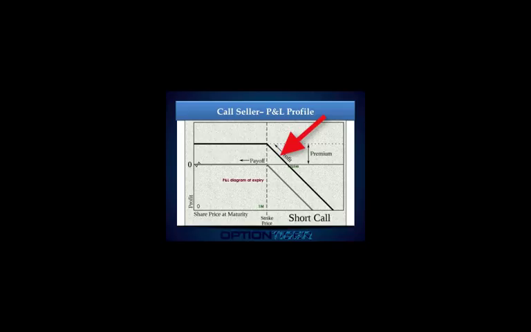The important thing to realize here is that the seller is exposed to unlimited losses on the upside. So if the price of the land continues to go up, the seller is going to be losing a lot of money. On the flip side, his profit is limited, and that's limited to the $25,000 that he received in premium. So this is how we look at profit and loss profiles from both the angles of a buyer as well as a seller.